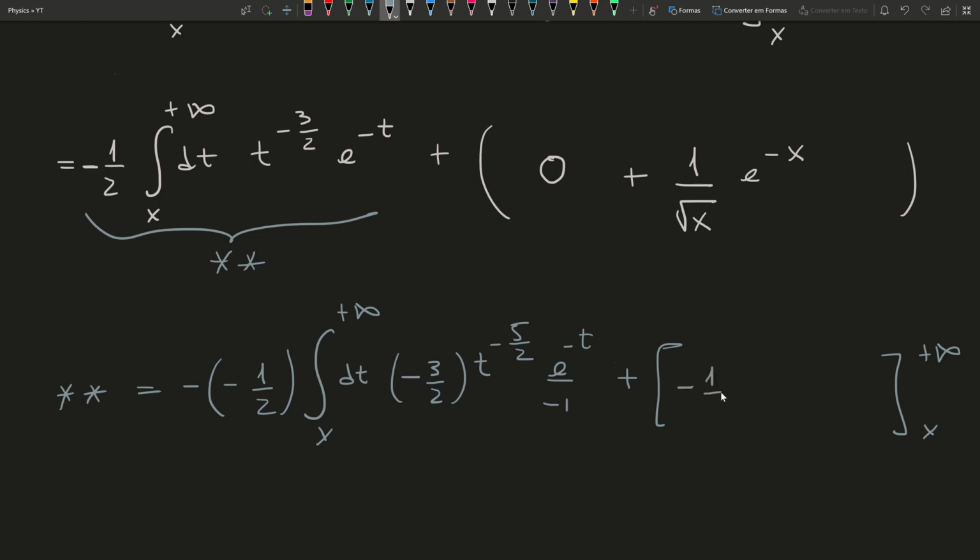So we get minus 1/2, t^(-3/2) exponential minus t divided by minus 1.